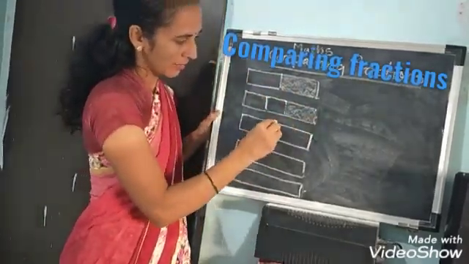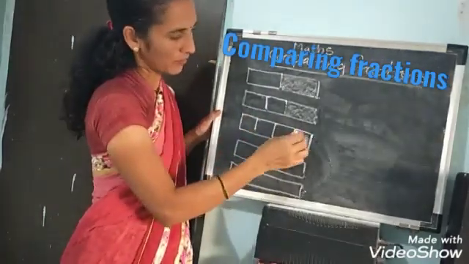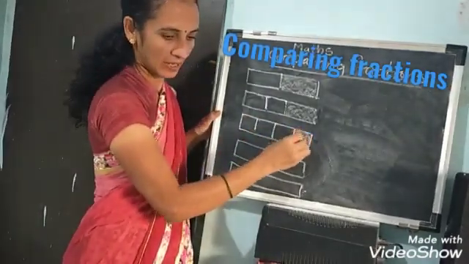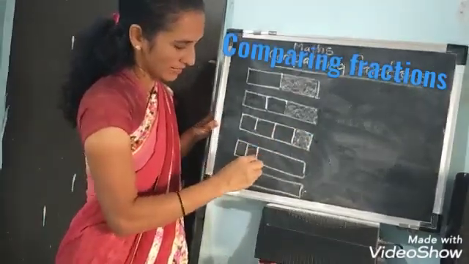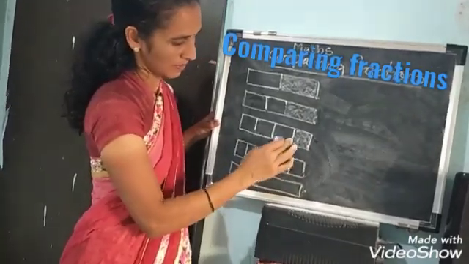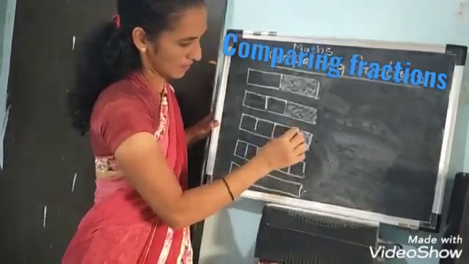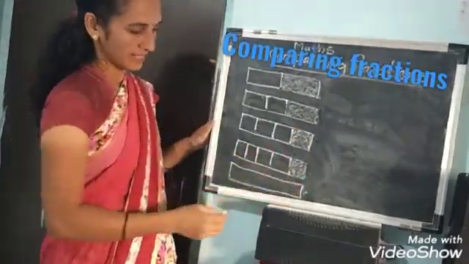Now this figure I have divided into 4 equal parts and one part I have shaded. Now here into 5 equal parts and one part is shaded.